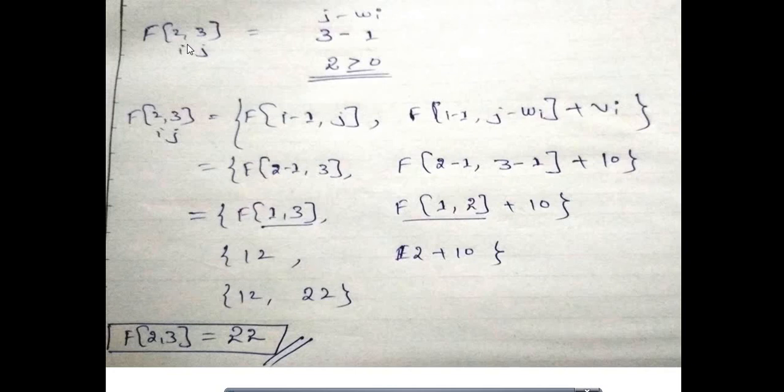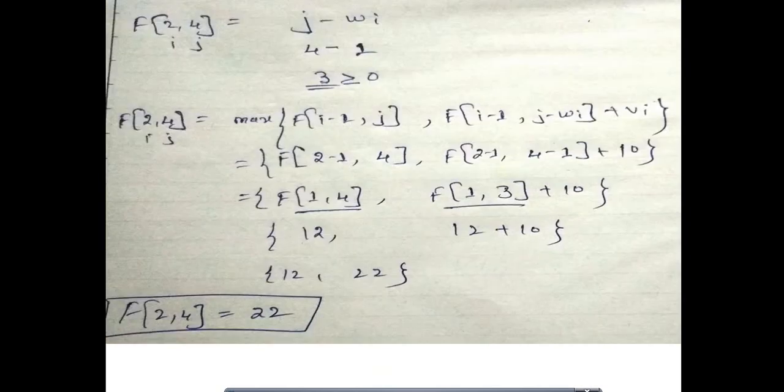Now calculate second row third column. Always in second row, Wi becomes only 1 and Vi becomes 10. Okay. Done. Next, 2 comma 4.